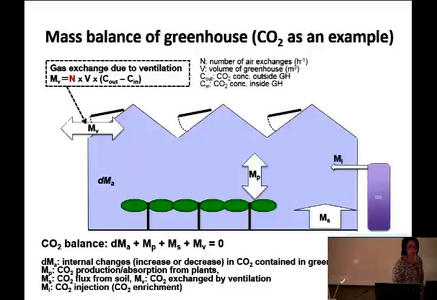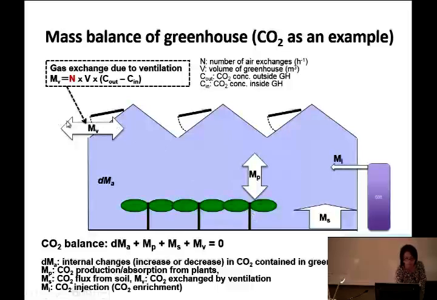All right, so let's talk about the CO2 balance in this slide. If you look at the components we talked about in the little exercise, those are the two. The plants are either respiring or photosynthesizing, producing CO2 or absorbing CO2, so that affects the balance of the CO2.